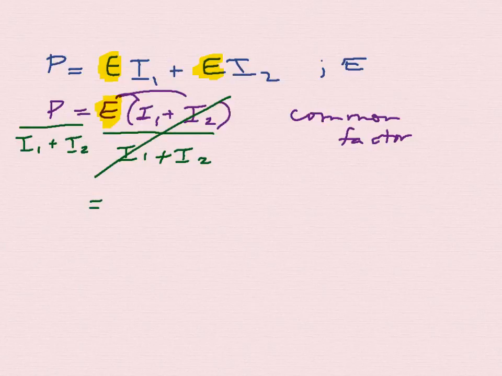So my final answer will be E equals the power divided by the sum of the currents, I1 plus I2. When you have a letter appear more than once, factor it first and then isolate, and you'll be done.